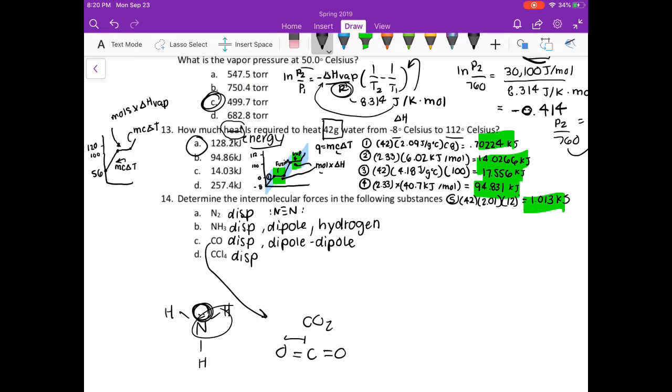The double bonds are linear, so it cancels out and it's nonpolar. For CCl4, carbon and chlorine would be a polar bond, but it's tetrahedral and all the same bond type, so it cancels out and is nonpolar. That one is also just going to have dispersion forces present.